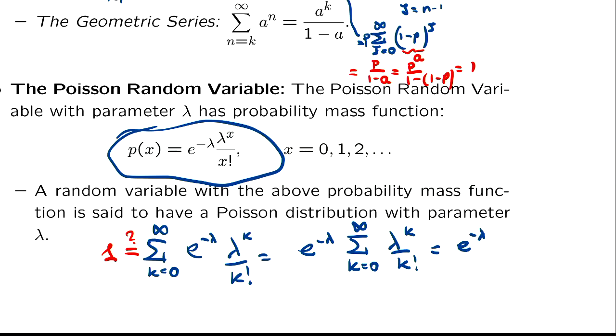So e to the minus lambda times the Taylor expansion e to the lambda, and this is e to the minus lambda plus lambda, e to the power 0, which is 1. So yes, this is true. Just proved it. It is a legitimate probability mass function.